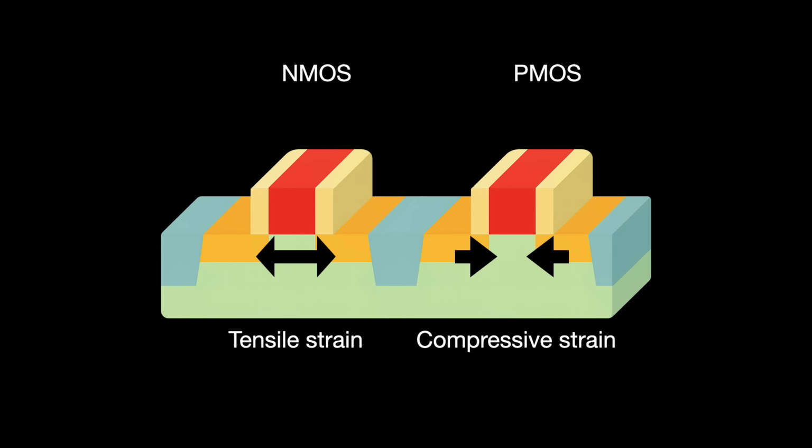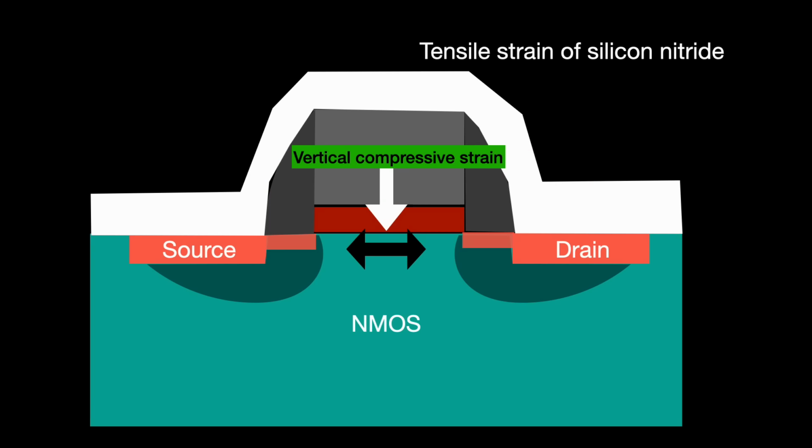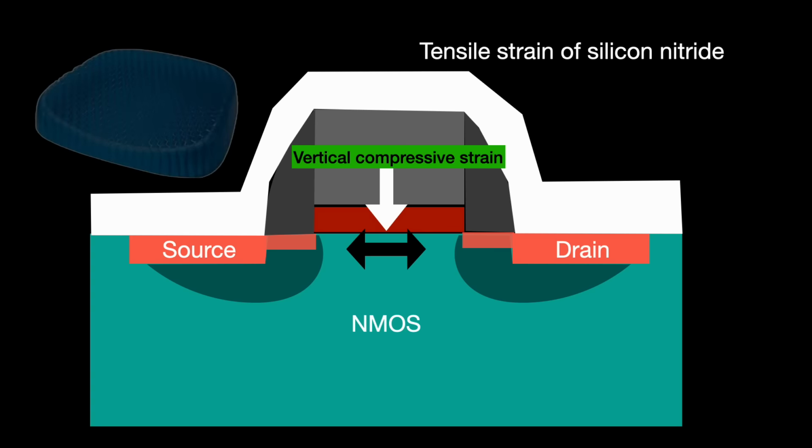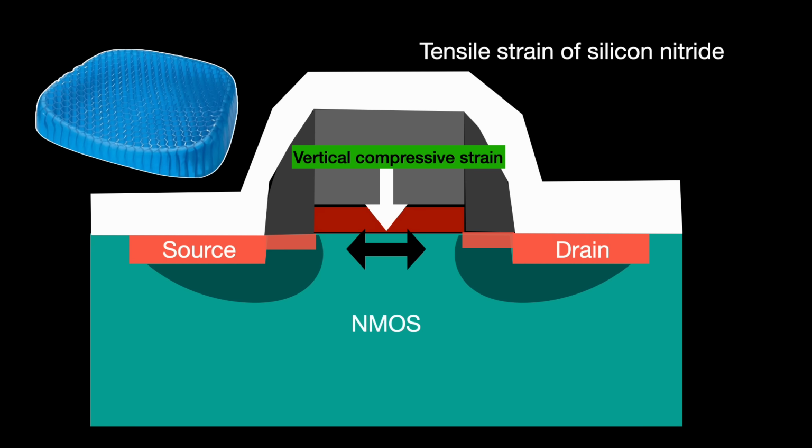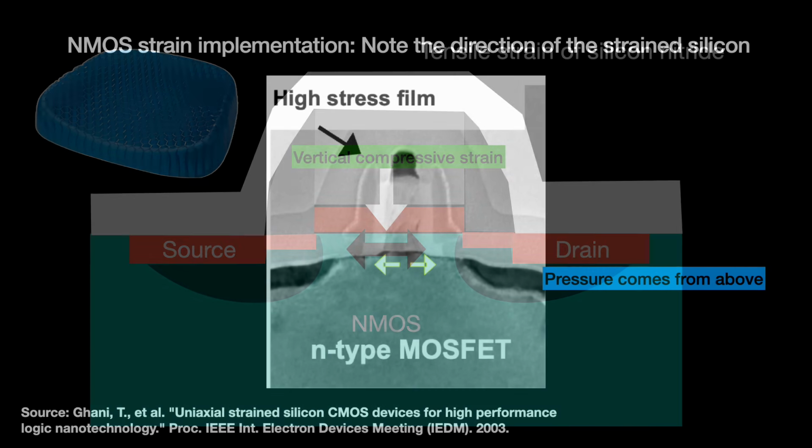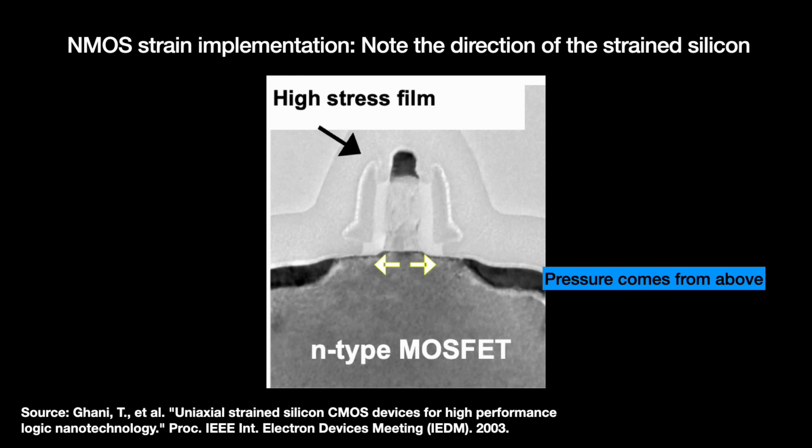This is done by adding a capping layer of silicon nitride over the transistor, which exerts vertical compressive strain down onto the silicon channel, which then spreads out, like a gel cushion when your big butt plops down on it. Voila, tensile strain. We can tune the strain using radio frequency.